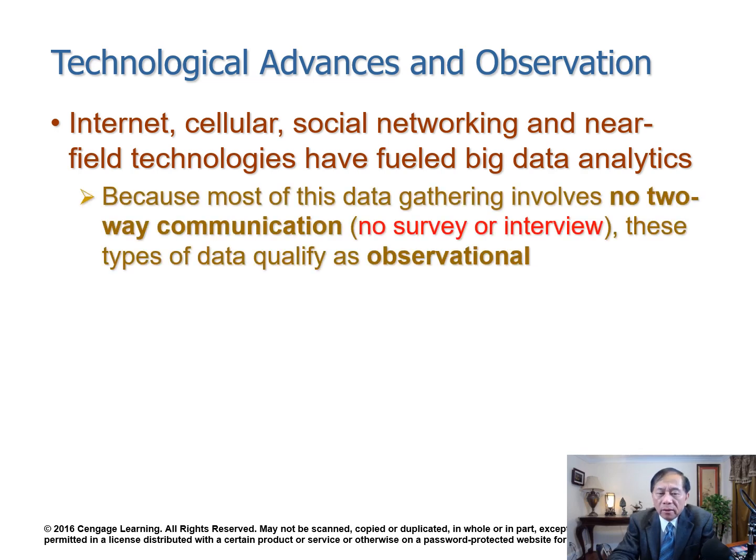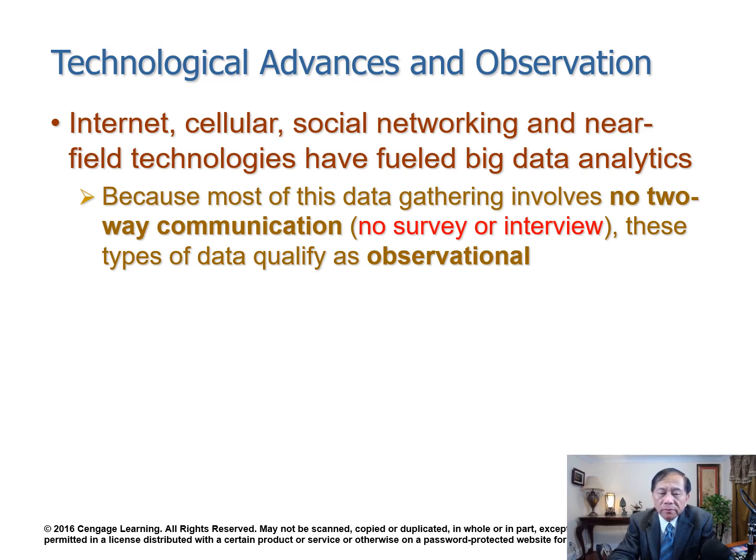What kind of technological advances in observation? Internet, cell phones, social networking, and near field technologies have fueled big data analytics. Most of this data gathering involves no two-way communication, no survey or interview.